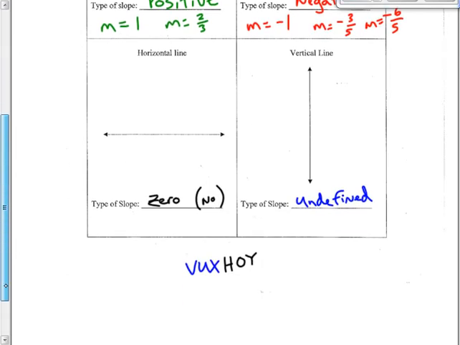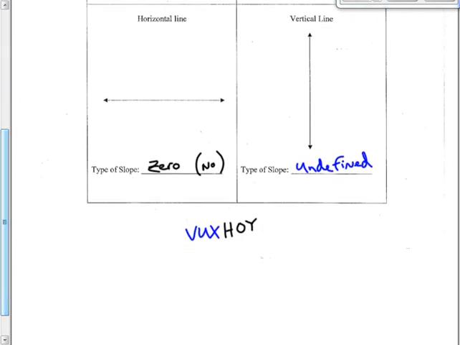When we get to a horizontal line, we want to remember this idea of Vuxhoy. Vertical lines have undefined slopes and their x equals equations. Horizontal lines have zero slopes and their y equals equations. So a horizontal line, a line that goes straight left to right, has a zero slope.